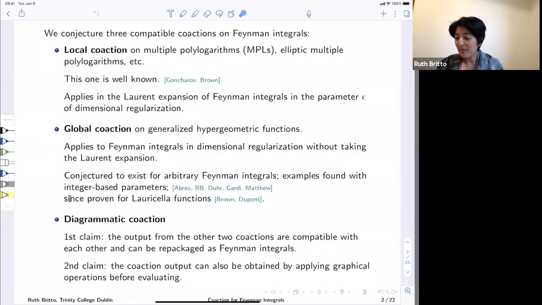The second claim is that the coaction output can not only be repackaged, but what you obtain by the repackaging can also be obtained by applying graphical operations to the diagrams before evaluating. These graphical operations will involve pinches and cuts of the graphs, or the propagators.